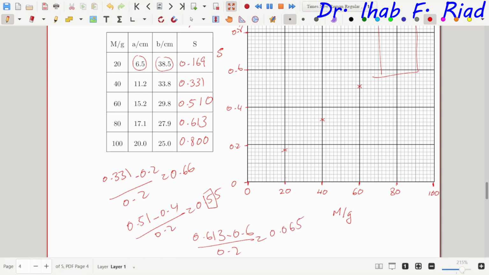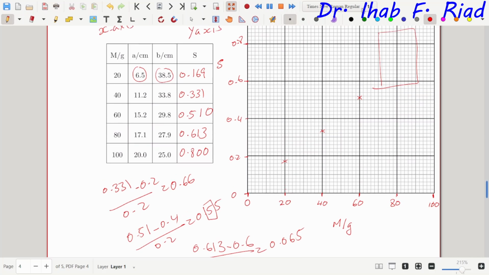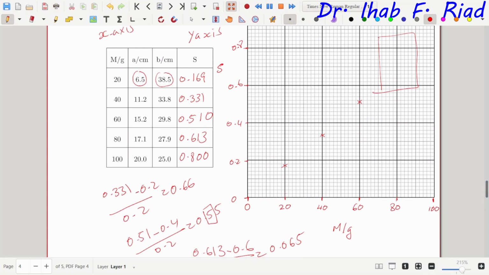So it is not even 1 square, but it is closer to the 1 square scale mark away from 0.6. So it is over here, and it should be around here. Now we have 100 and 0.8. This is easy, straightforward. This is the 100, and this is the 0.8. It is over here. Oh, huge.